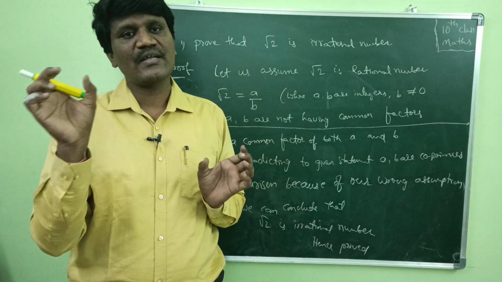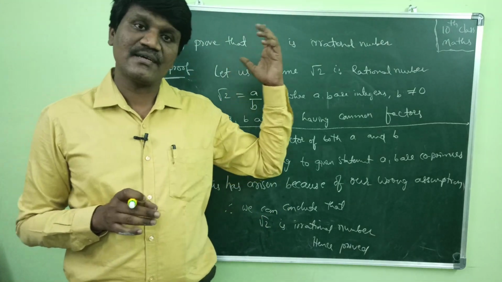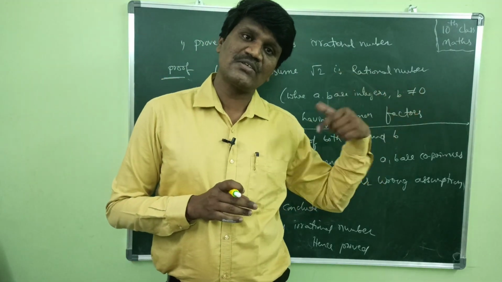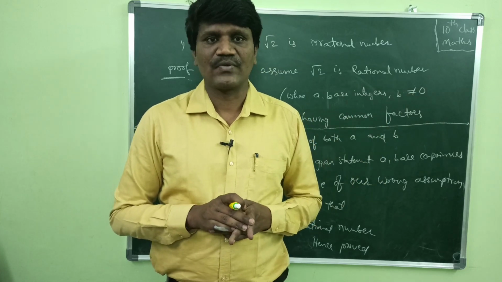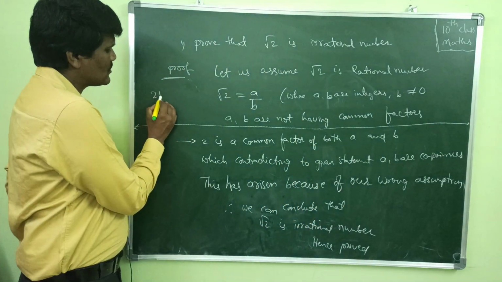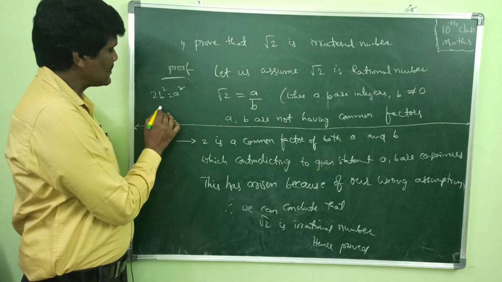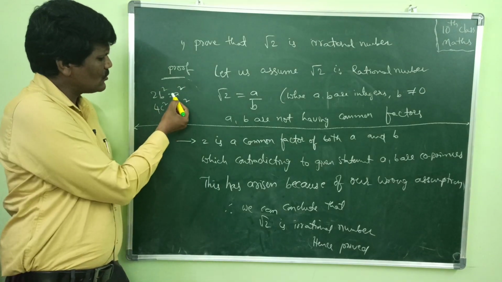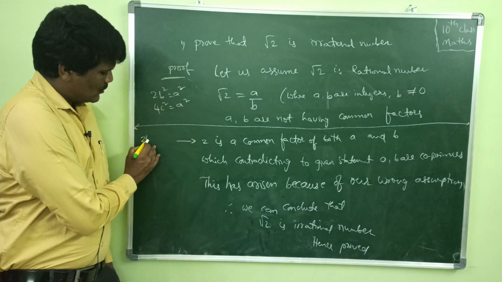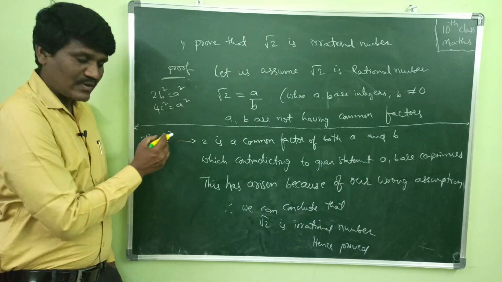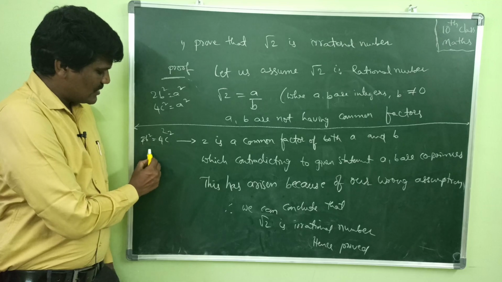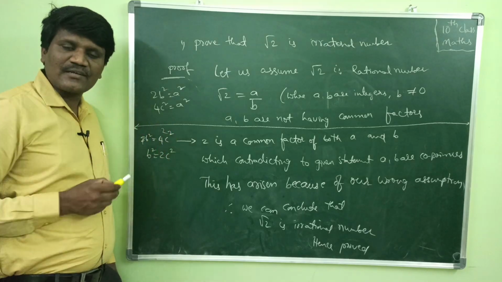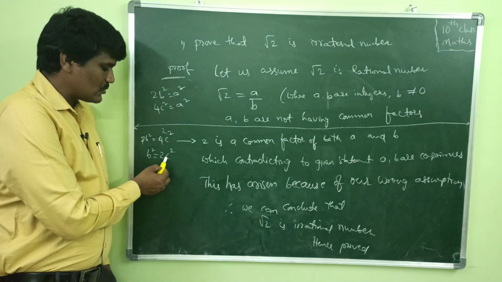The first statement is 2b square is equal to a square, and the second statement is 4c square is equal to a square. So 2b square is equal to 4c square. Cancelling 2, b square is equal to 2c square.